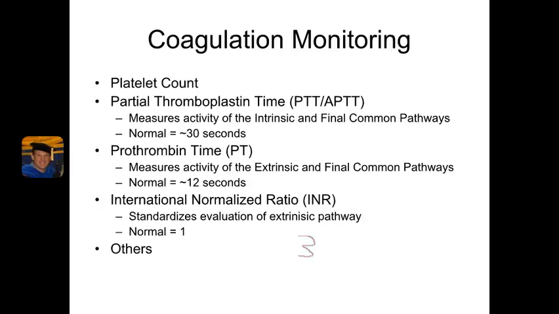Now, if a patient is clotting too much and you're giving them anticoagulants therapeutically, then what you want to see is an increase in INR.